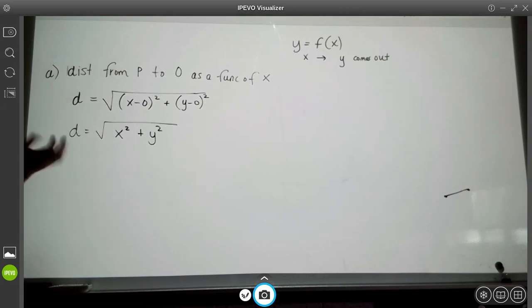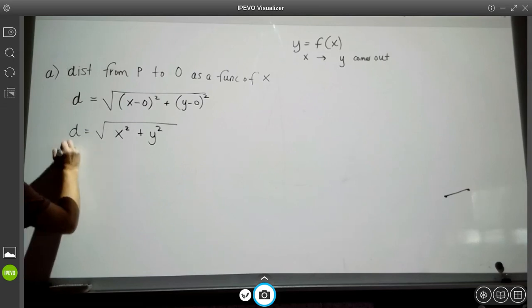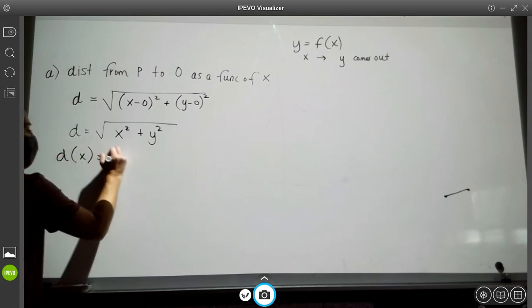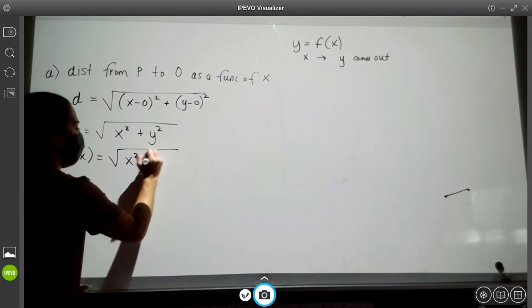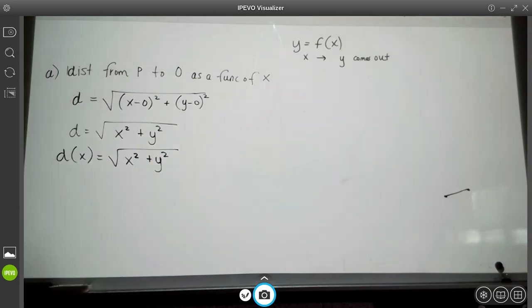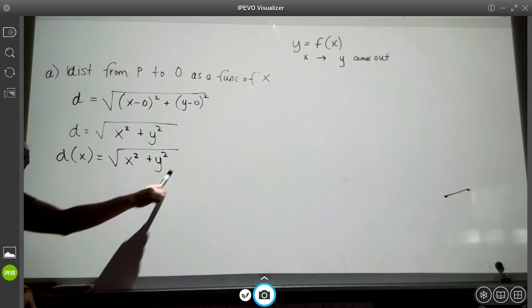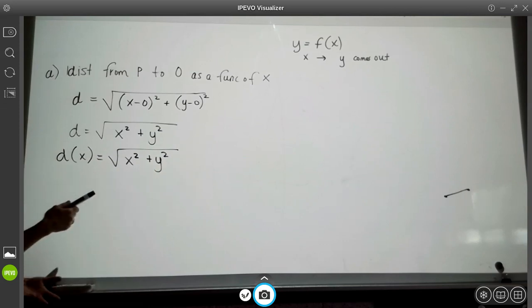All right, they asked us to write this distance as a function of x. So we want x to be the one going in and the distance to be the one coming out. That's ultimately what we want. We want the distance to be a function of x. X will go in and the distance will come out. If x is what's going in, it can be the only variable inside this function.